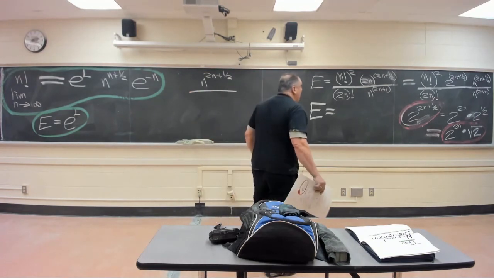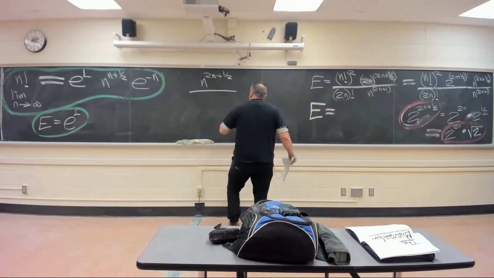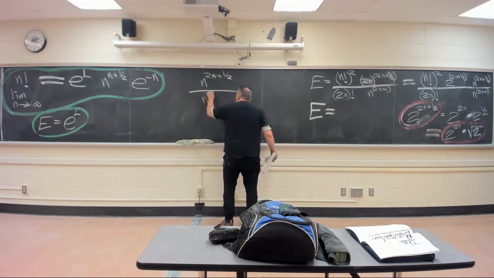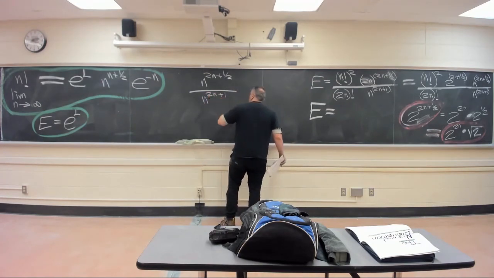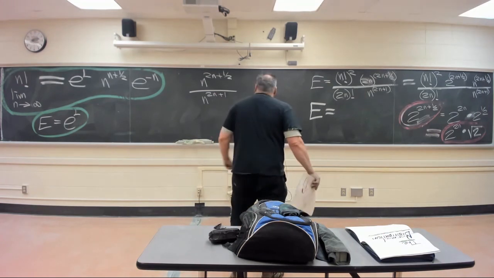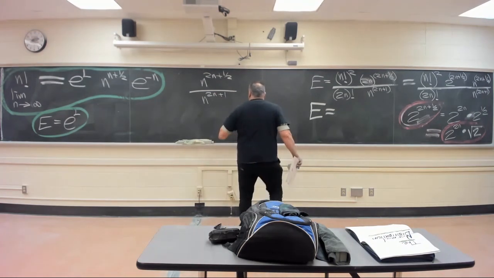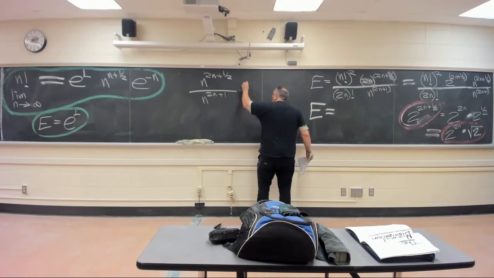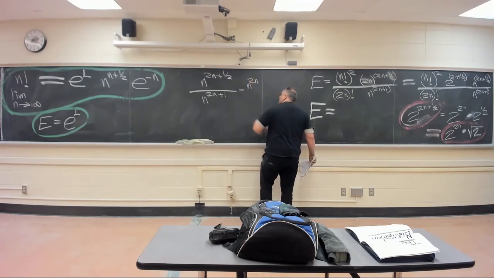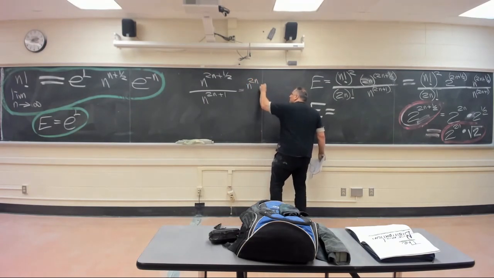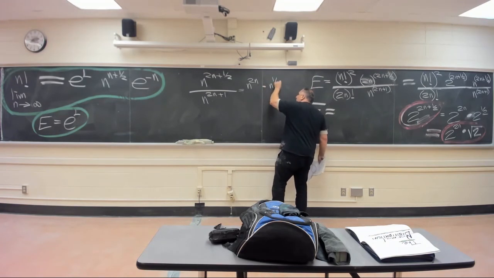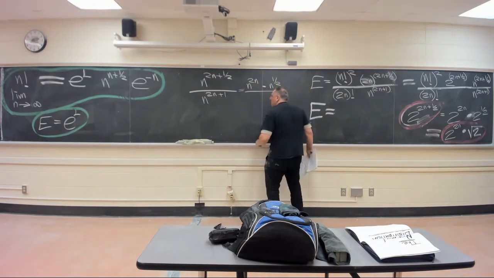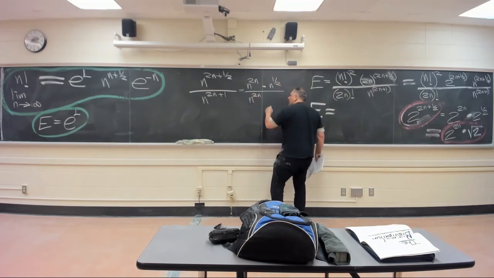I remember I broke it up pretty nicely. Plus 1. That's n to the 2n times n to the half. This is n to the 2n times n.